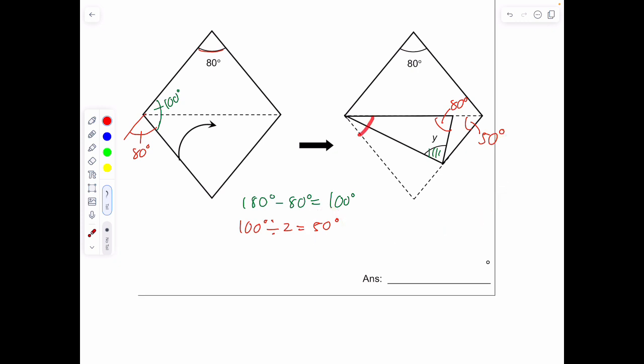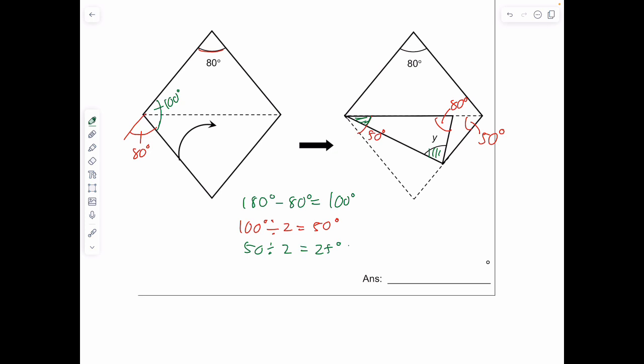Now this part of it, because it's folded in such a way, you would divide this by 2. Granted that this is 50 degrees, because they are exactly the same, I just want half of this, which is over here. I will take 50 divided by 2, and that is 25 degrees.